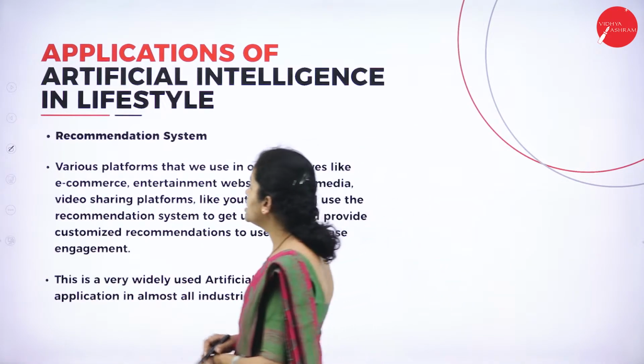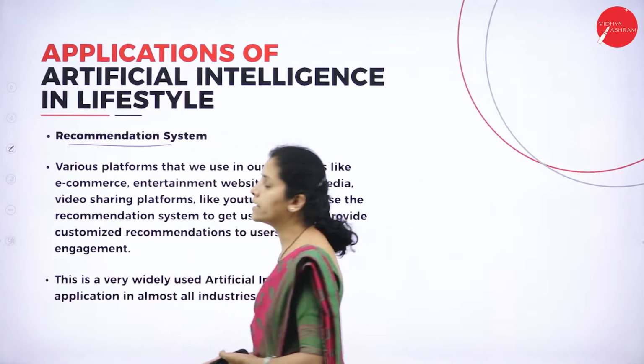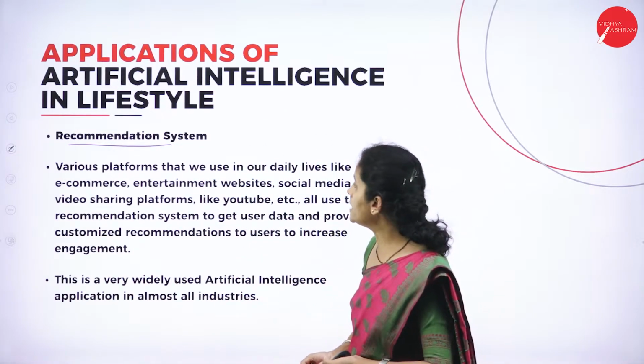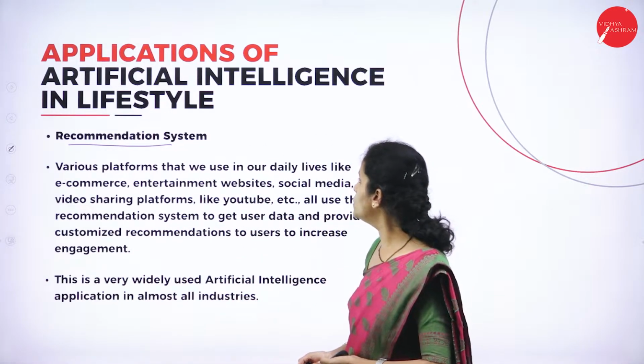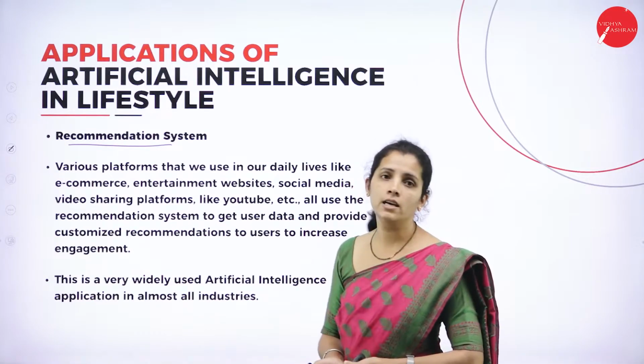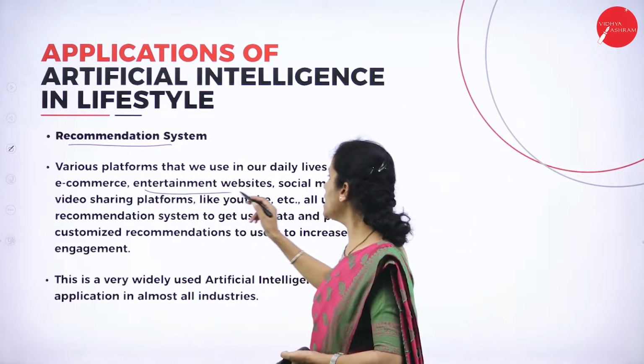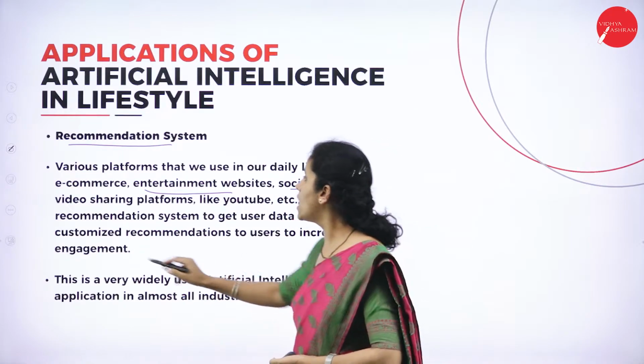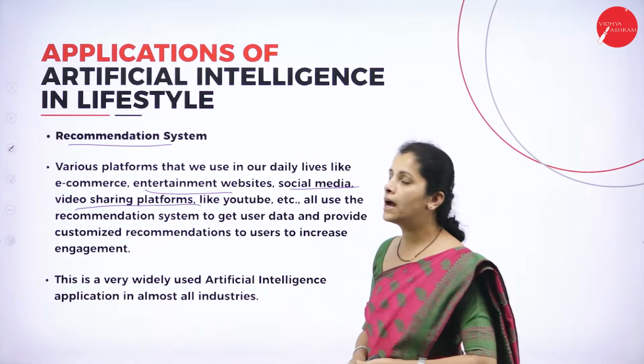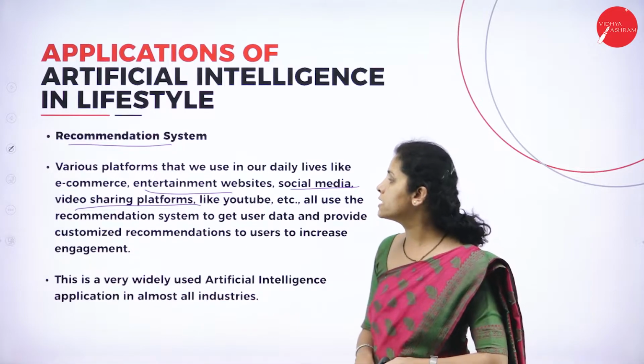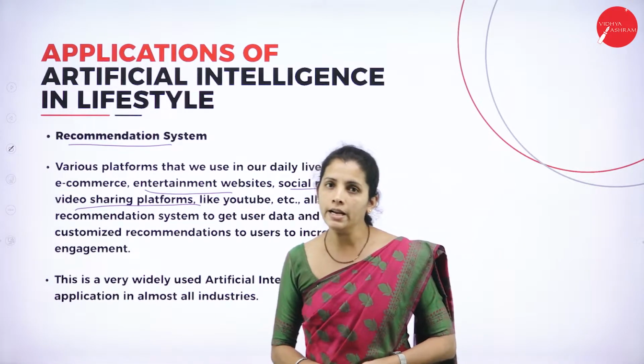Now, recommendation system. So what is this recommendation system? Various platforms that we use in our daily lives like e-commerce, entertainment websites, social media, video sharing platforms like YouTube, all use recommendation systems.